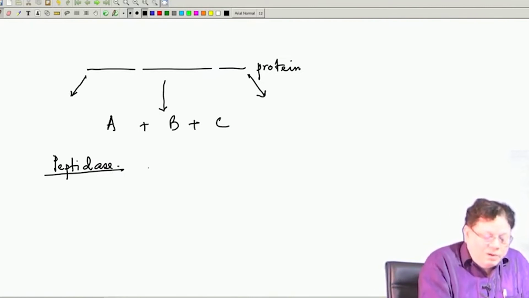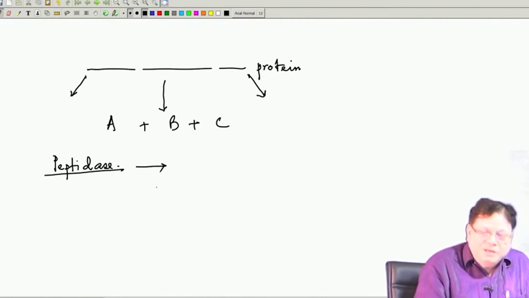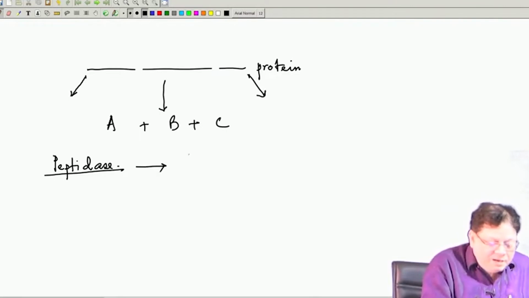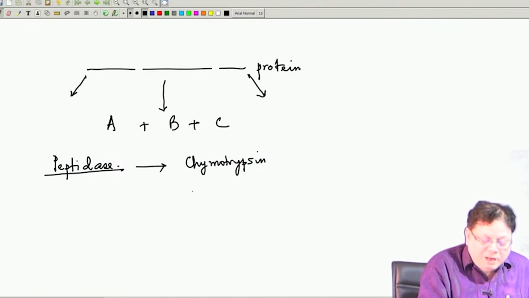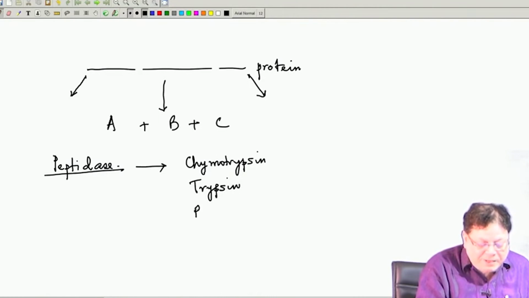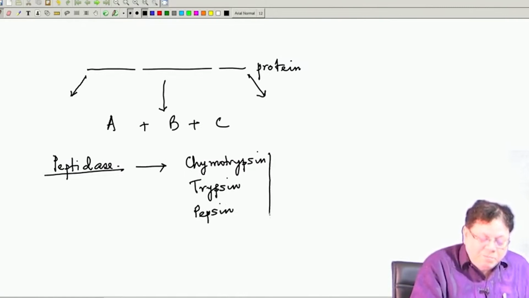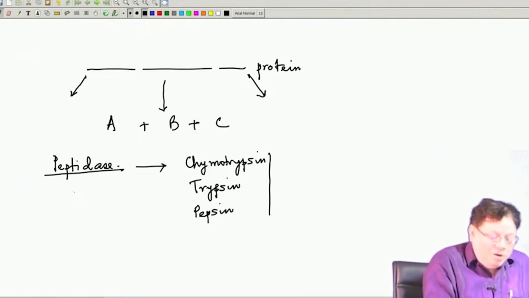Now, what are some of these enzymes? They are all naturally made, and one particular one is chymotrypsin. Another one is trypsin. Then you have pepsin. These are some of the proteases or peptidases.